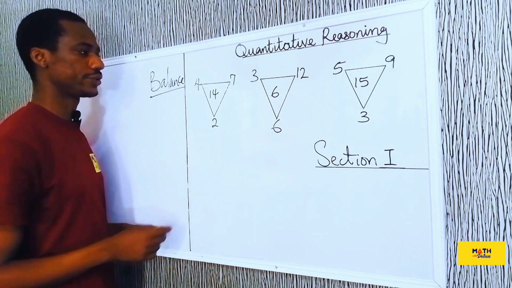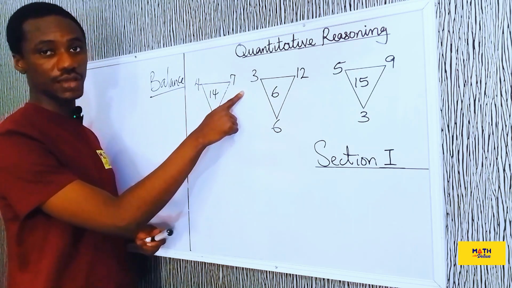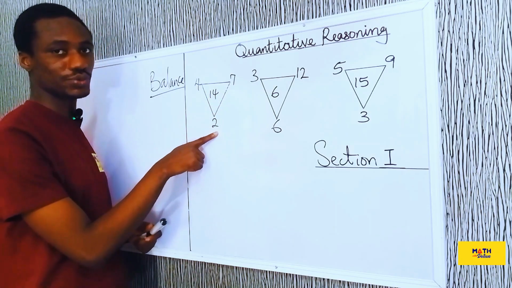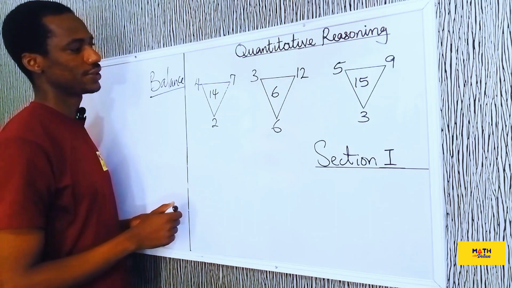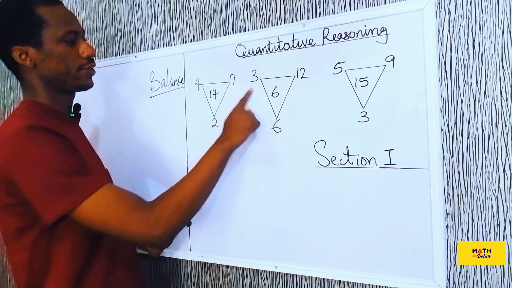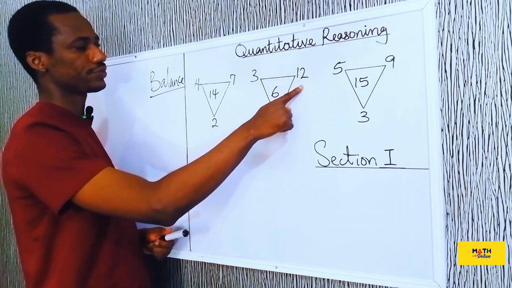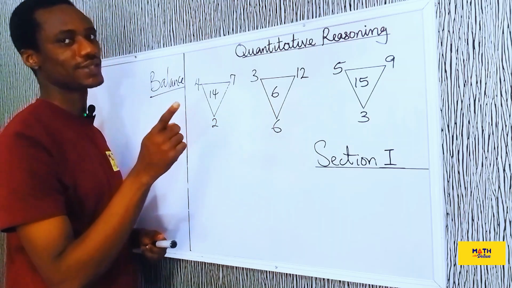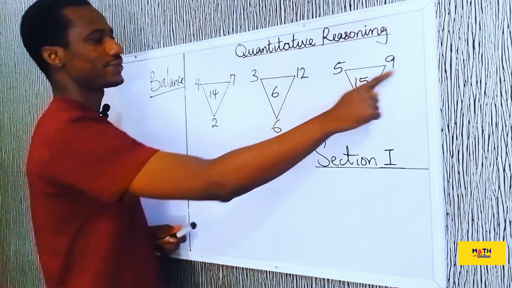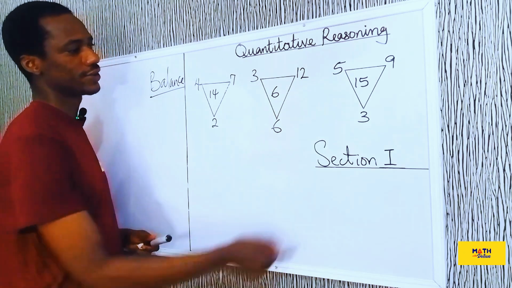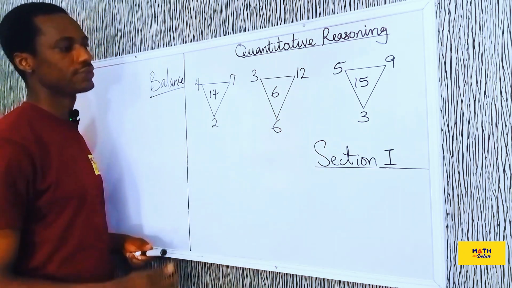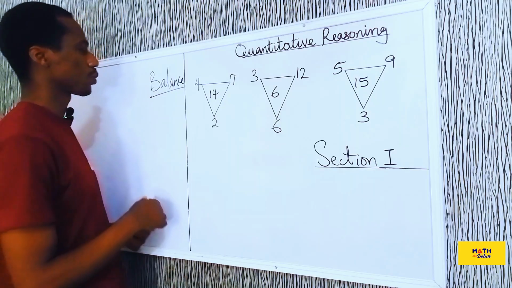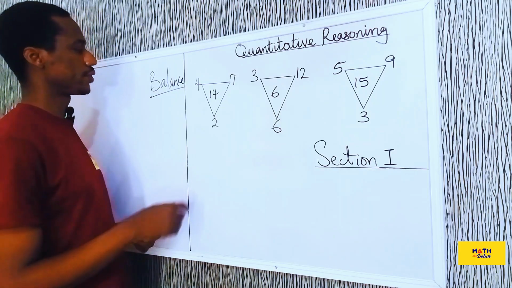Oh, I can see it already. 4 times 7 is 28, and then 14 times 2 is 28. Let's confirm. 3 times 12 is 36. 6 times 6 is 36. 5 times 9 is 45. 15 times 3, 45. Okay, so that's it. Easy peasy. All right, so that's quite straightforward.